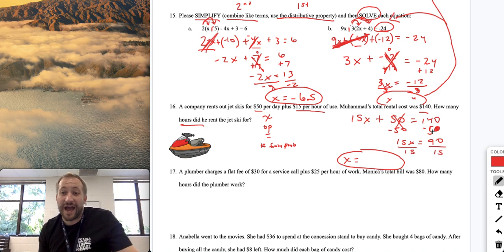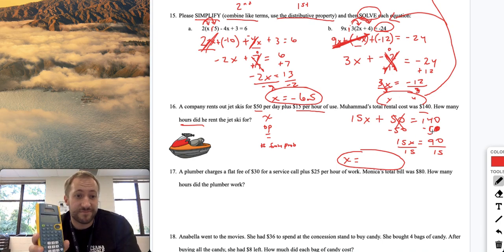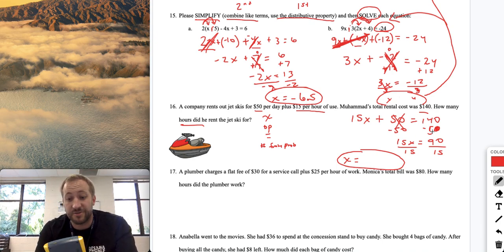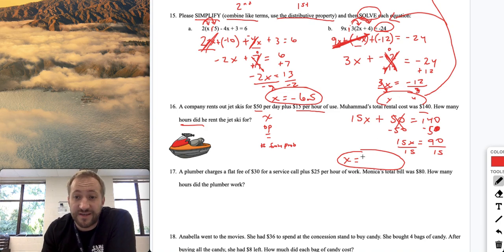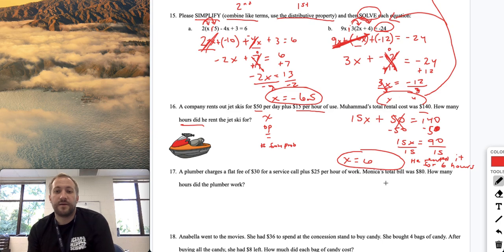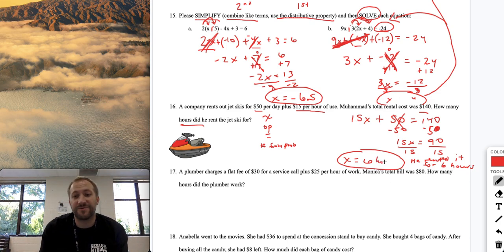And again, if you can't do 90 divided by 15 in your head, use a calculator, and actually, I suggest using one. 90 divided by 15 is 6. So he rented the jet ski for 6 hours. The variable always answers my question. x equals 6, or x equals 6 hours.